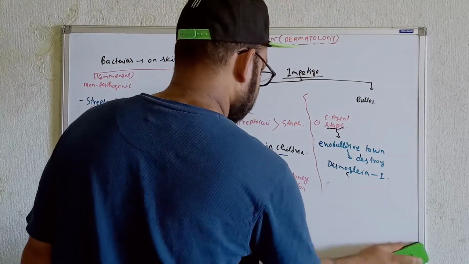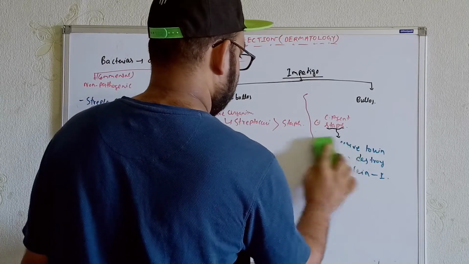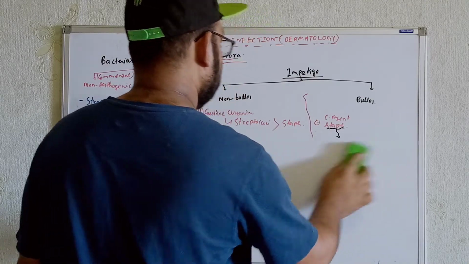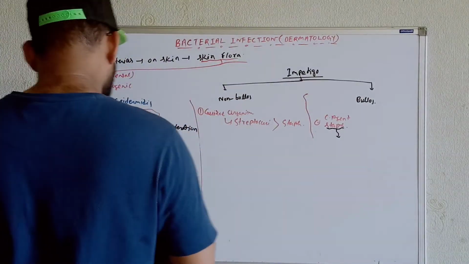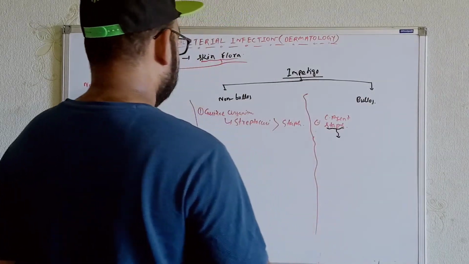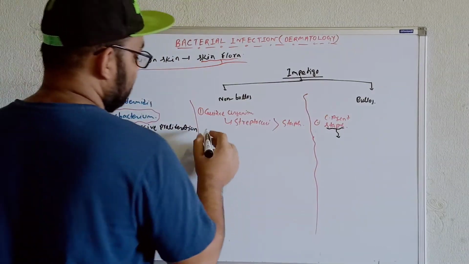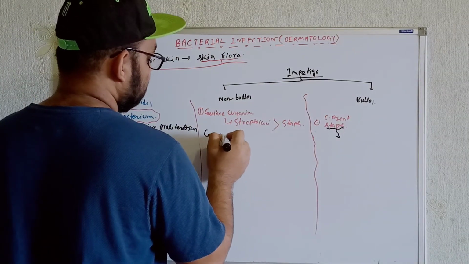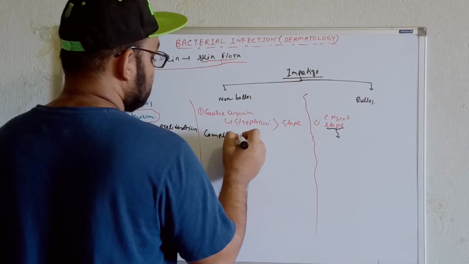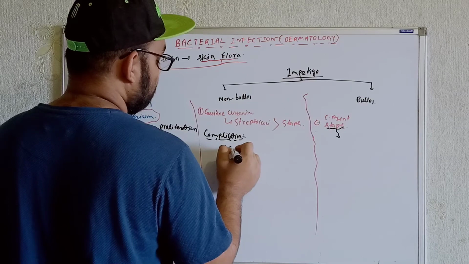So I am erasing this part. Now, whatever the complications we'll get, as far as the non-bullous, the streptococcus, is concerned, the complication we are going to get in these cases is post-streptococcal glomerulonephritis.